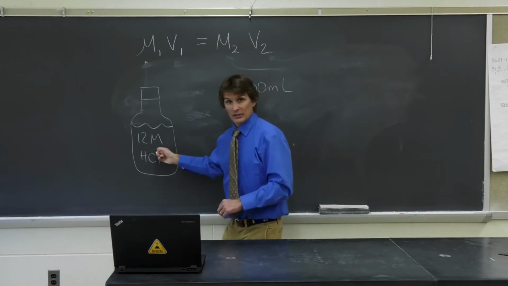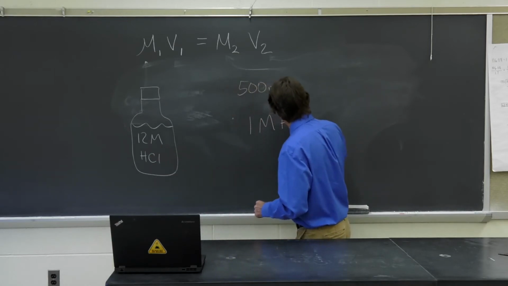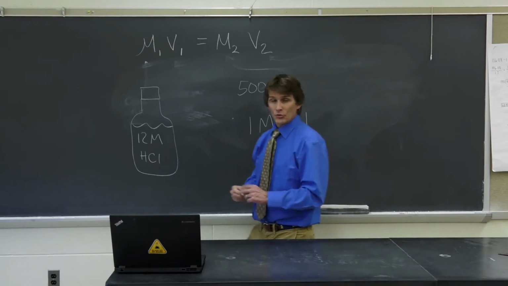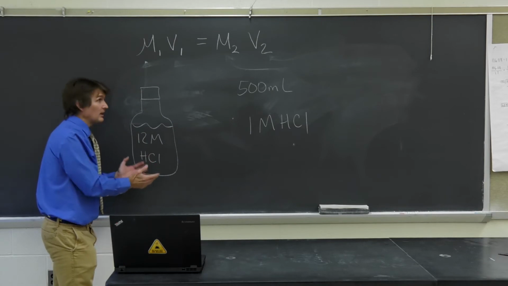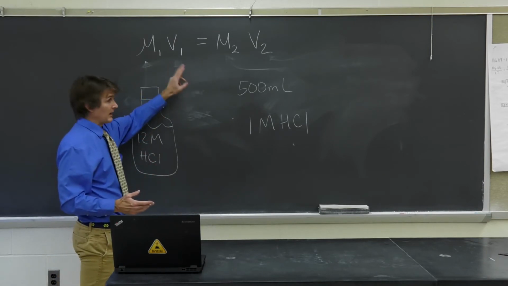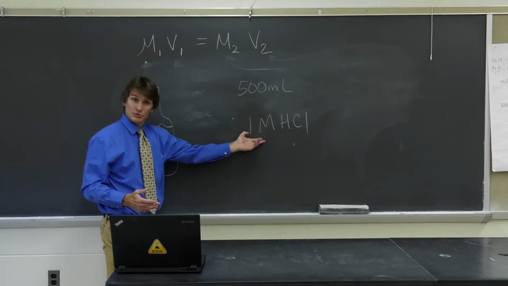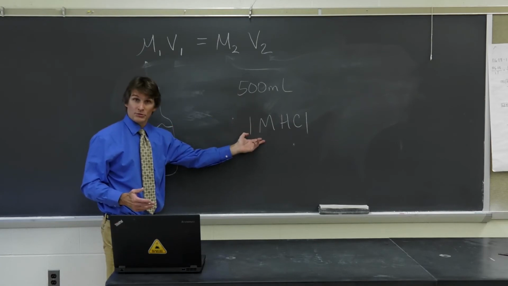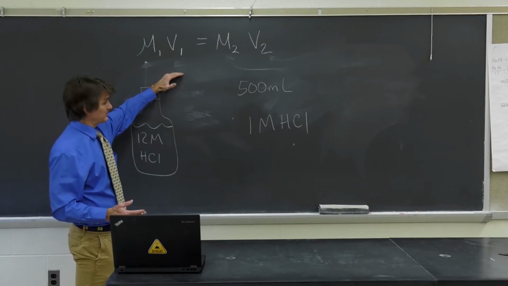And I don't want it this concentrated. I only want the concentration to be 1 molar hydrochloric acid. So the question is, how much of this 12 molar stock solution do we take and dilute to 500 milliliters of water to make our dilute solution of 1 molar hydrochloric acid? And we'll use our dilution equation to figure this out.